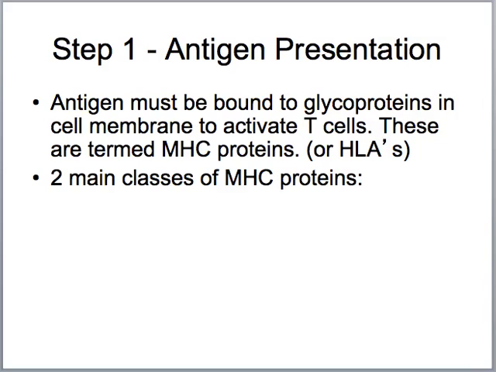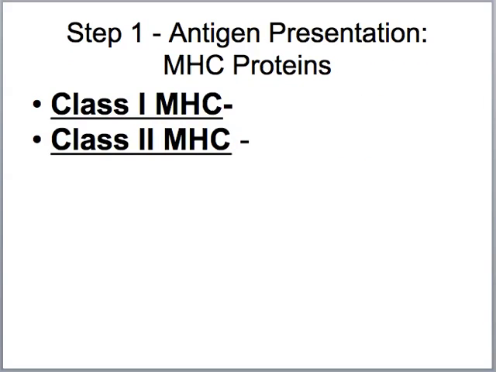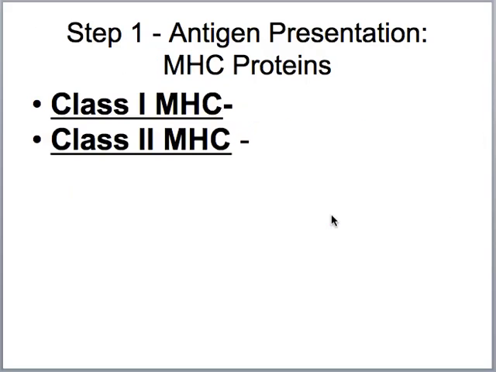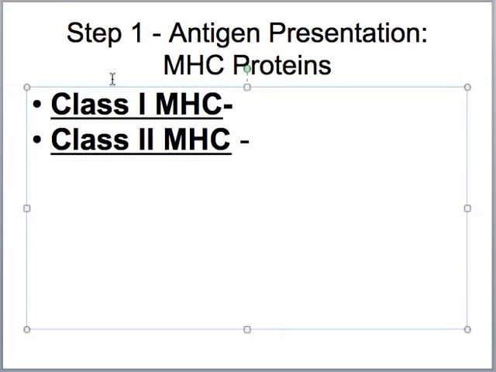There are two main classes of MHC proteins. Okay, we're still in step 1. We've got class 1 and class 2 MHC proteins. All right, so before we go any further, let's go back here and talk about class 1 MHC proteins.